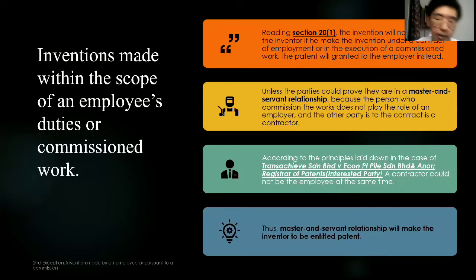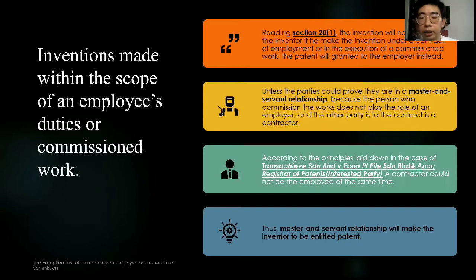Otherwise, the patent will still be granted to the employer. This is because the master and servant relationship is different from the employer and employee relationship. The master does not play the role of employer, and the servant is not the employee. The servant is actually a contractor.